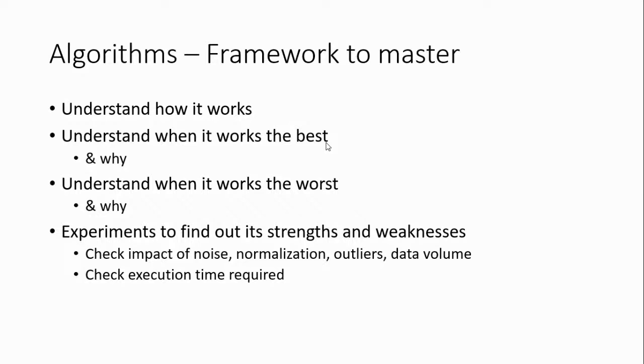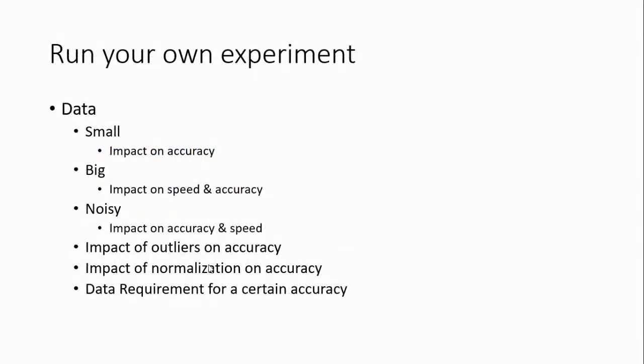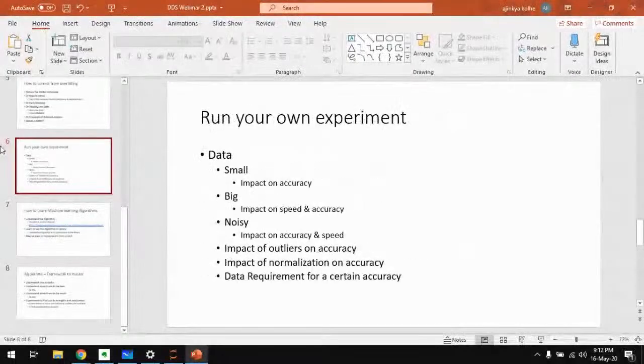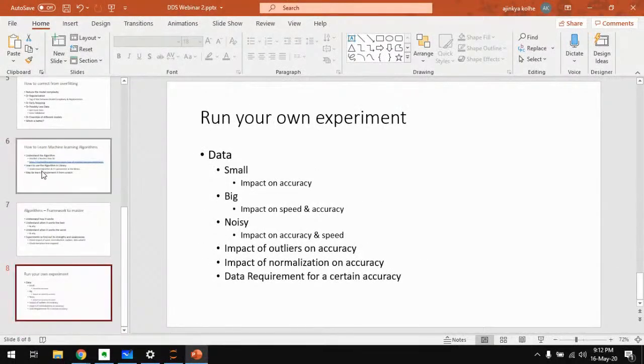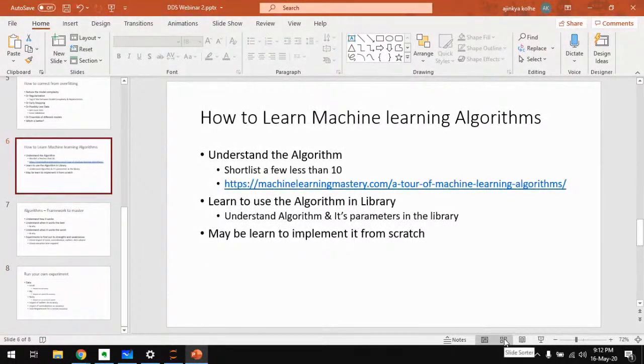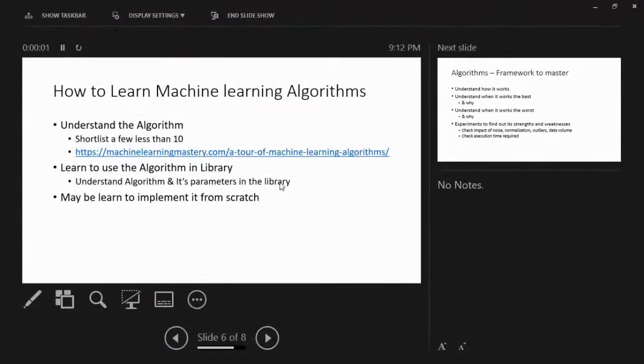When we do all this, then we actually understand all the situations. Okay, that's the deep understanding. And then we have to try out different experiments: impact of noise, impact of normalization, outliers, different data, what is the execution time. All of these experimentations, this is the meaning. This is how we understand and go into details.